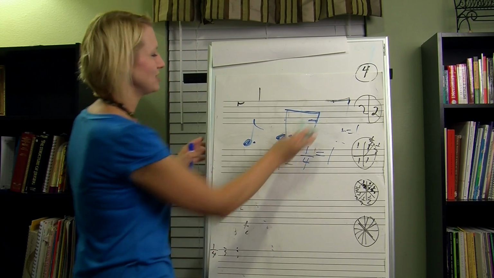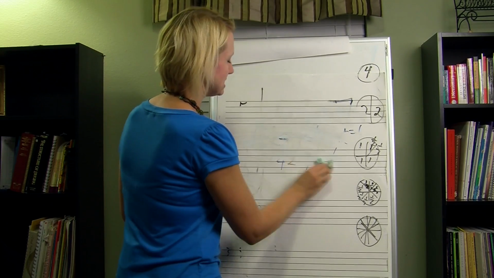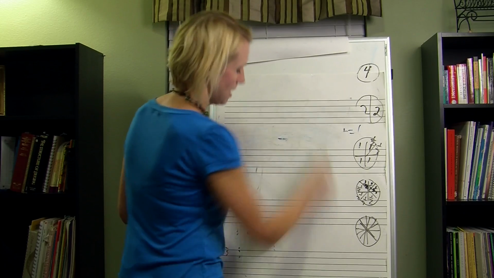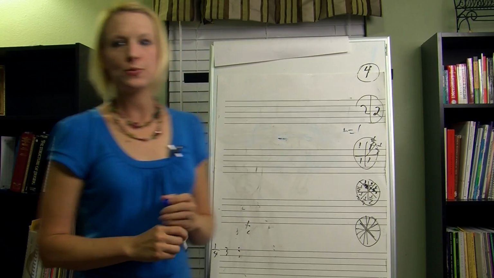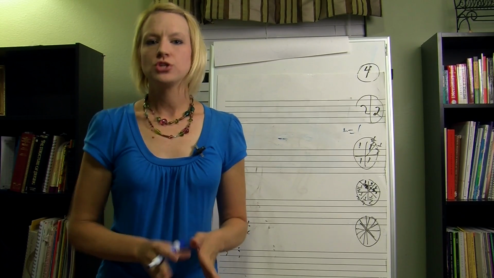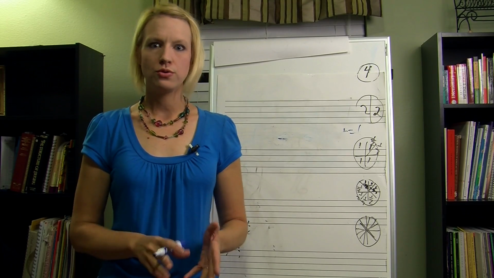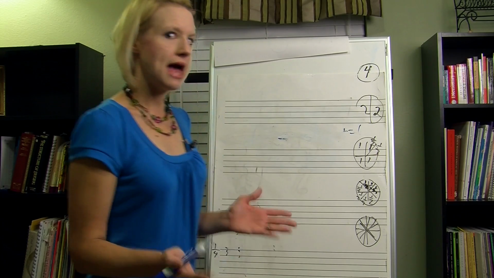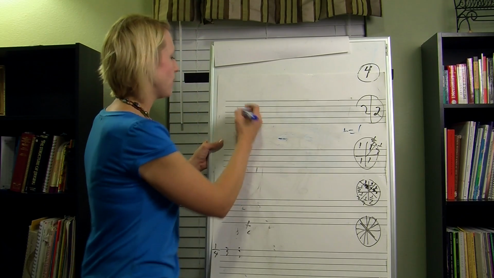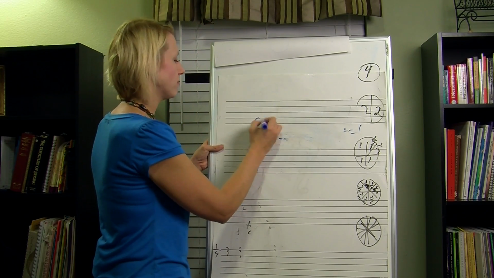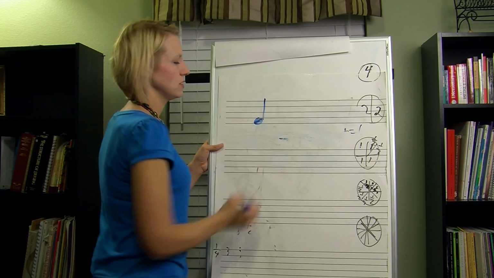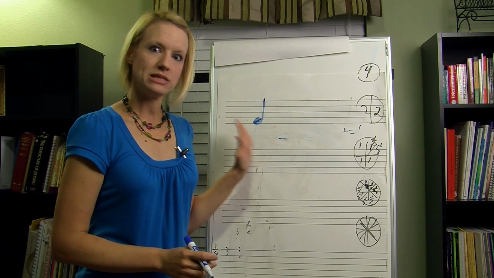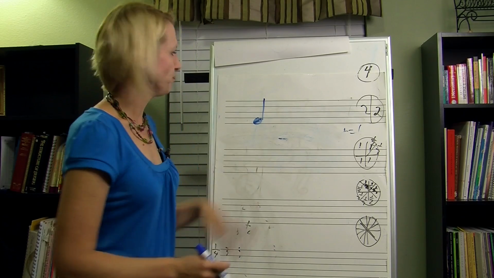The last thing I want to talk to you guys about is ties. And a tie is what you might see in a measure to make a note that maybe we don't have a value for, meaning you're going to add together a couple of notes is one possibility. So say we have this note, but the composer really wants that to be held a little teeny bit longer.